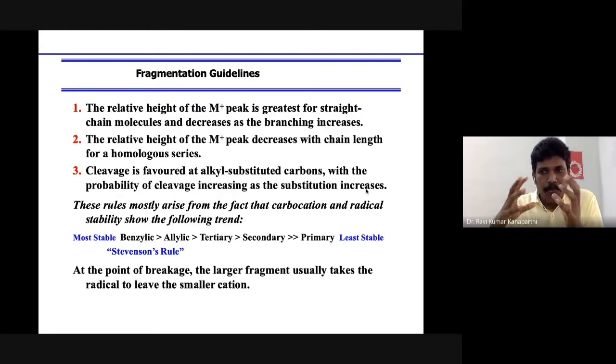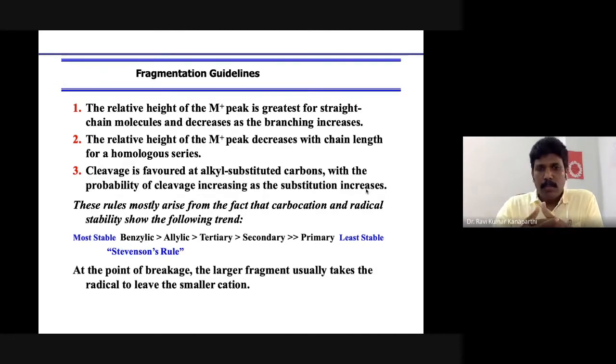There is a high chance that the methyl radical will be eliminated, and the remaining benzyl cation will be formed. That will be highly stable. Why? Because it will form a tropylium cation, which we will see also in the future slides.